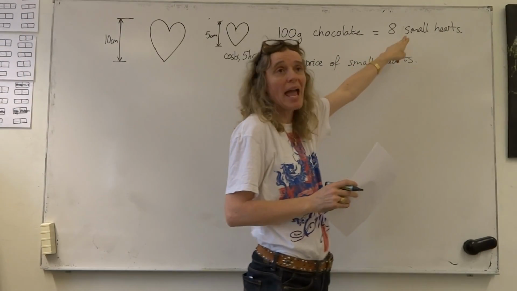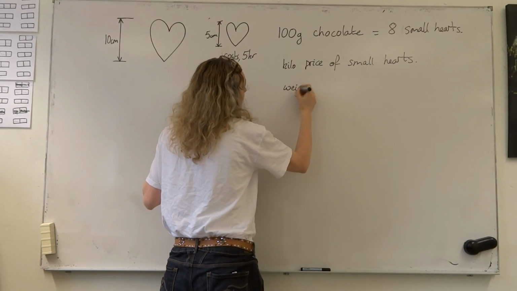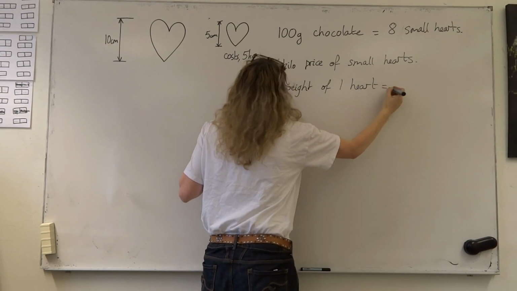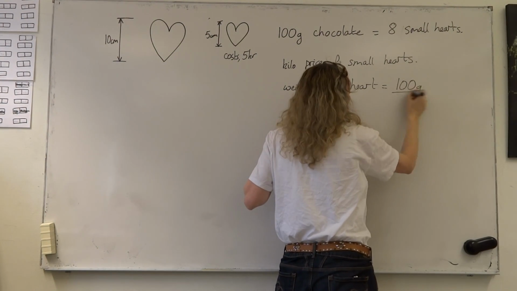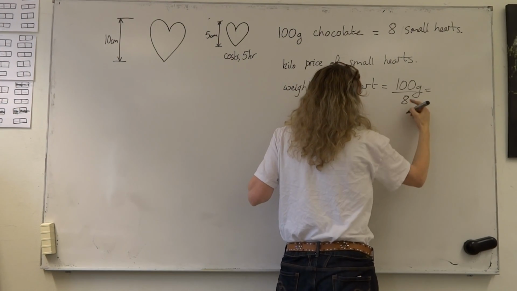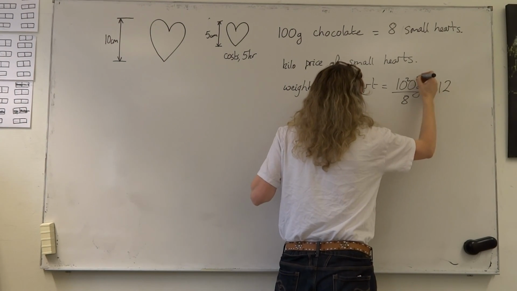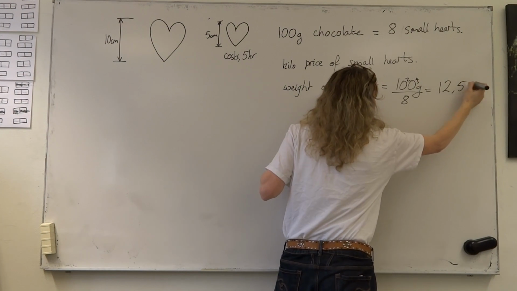If 100 grams is enough for 8 hearts, then we need to work out the weight of one heart, which is 100 grams divided by the number of hearts we can make, which is 8. 8 into 10, 1, 2 left over, 8 into 22, and 4 left over, so 12.5 grams.